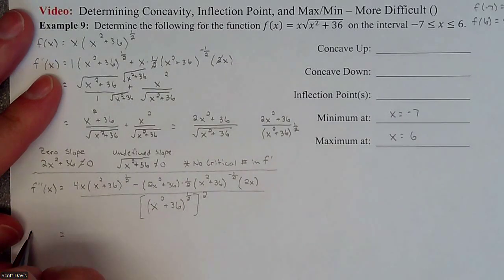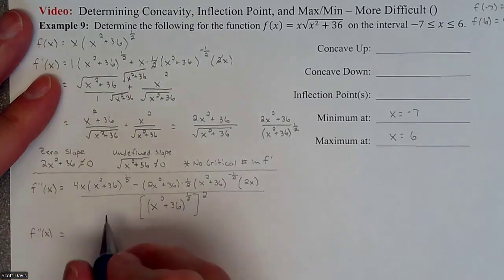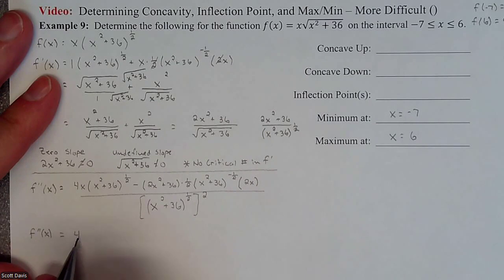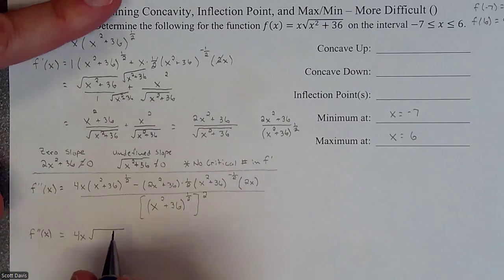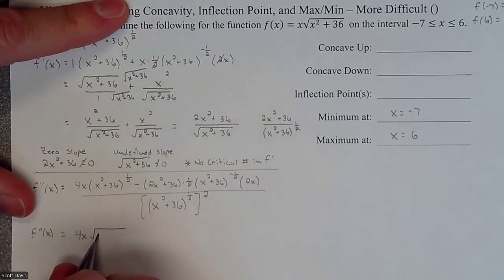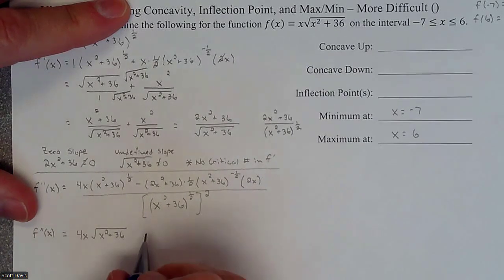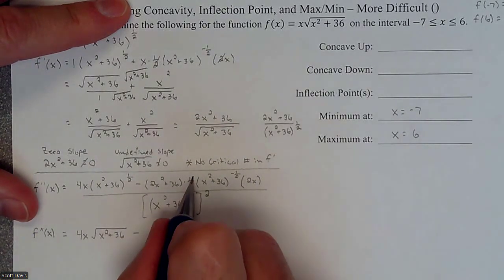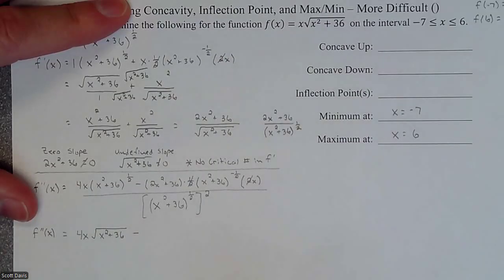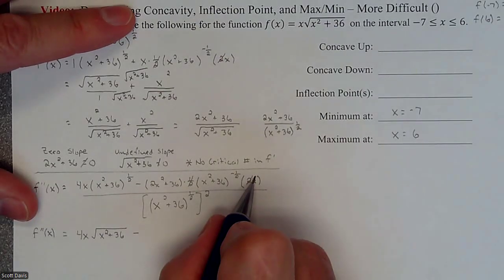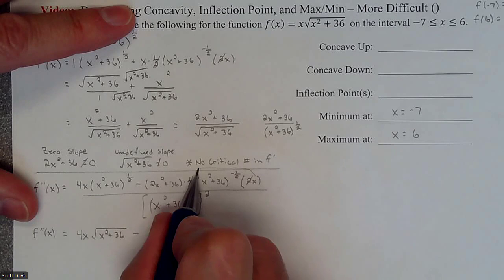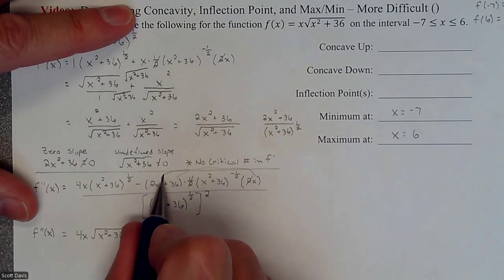So our second derivative, a little bit cleaned up. We're looking at 4x square root of x squared plus 36 minus, I can take the half and that, cancel those together. I can distribute this x into here and here.